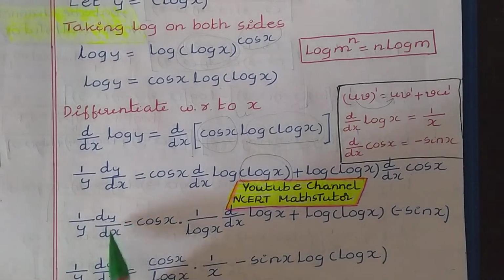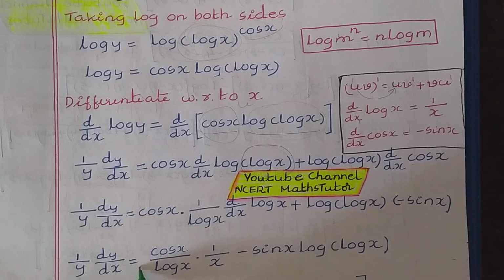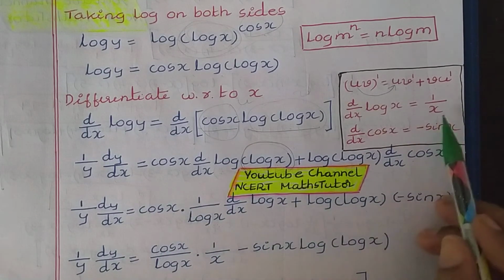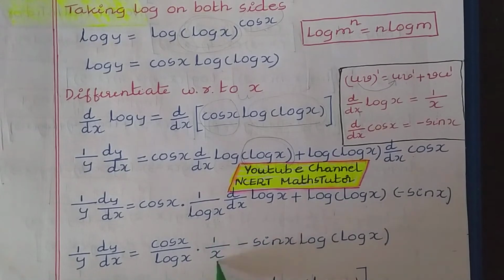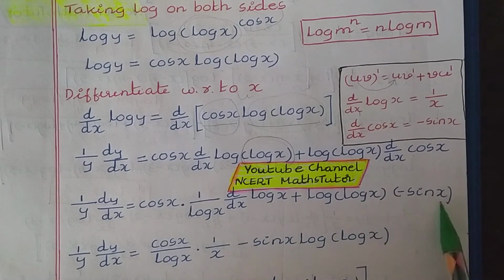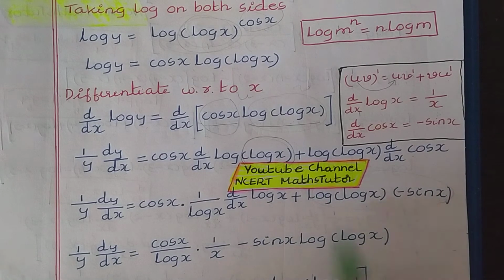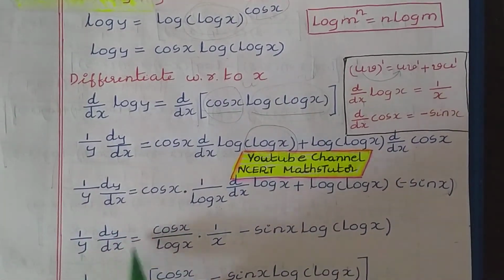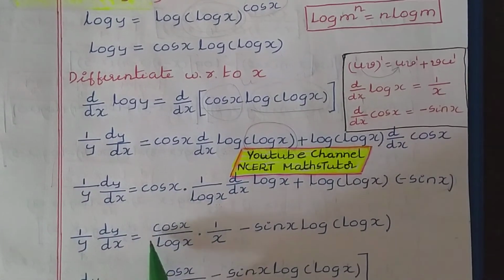1 by y dy by dx is equal to cos x divided by log x, into derivative of log x which is 1 by x, minus log(log x) into sin x. Write this together. So we get minus sin x into log(log x). Then take this y to the right hand side. So this y will come in the numerator.